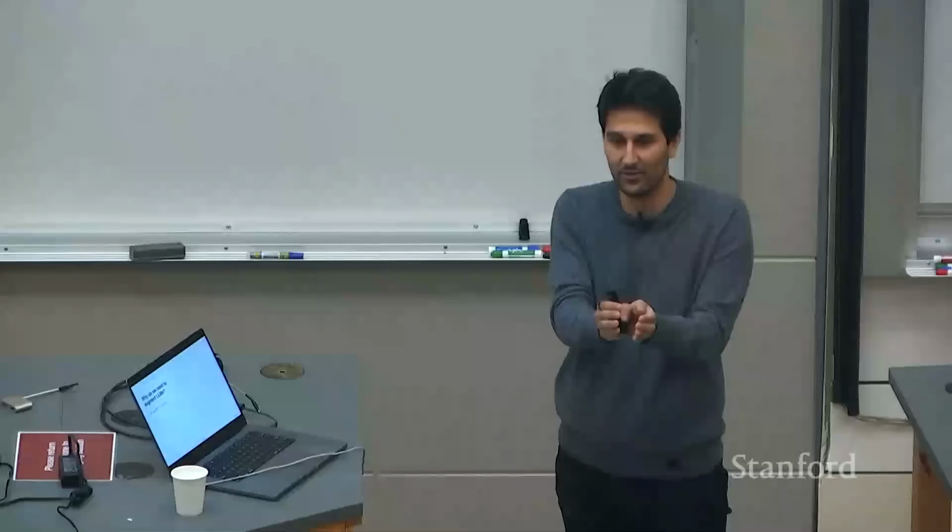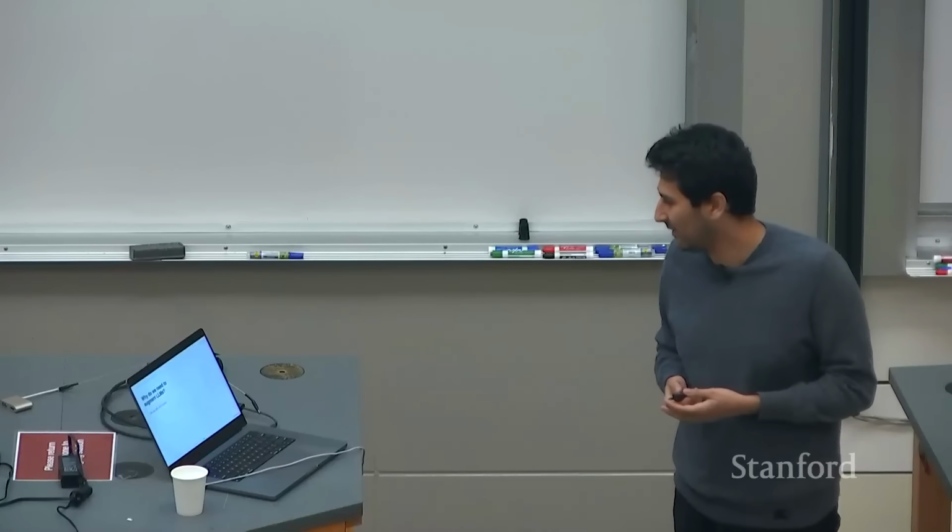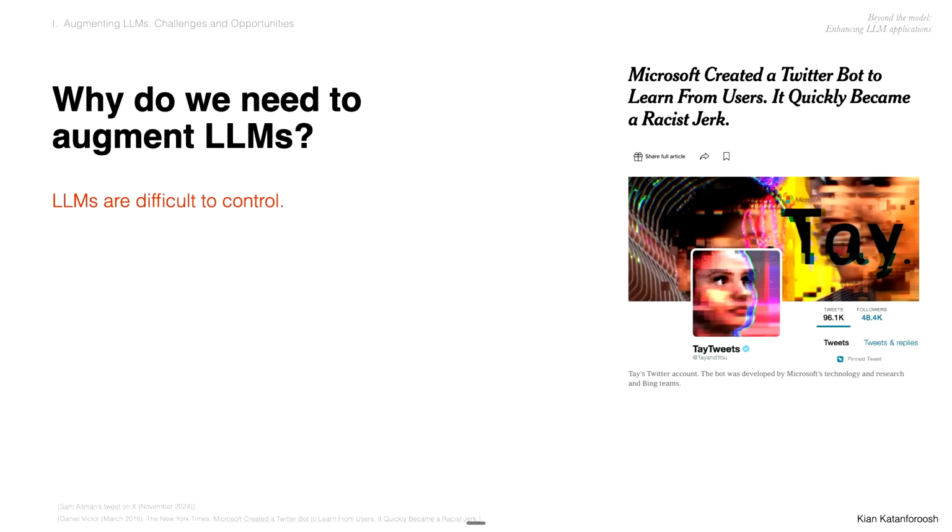I'm going to add a few more as well. LLMs are very difficult to control. Your last point is actually an example of that. You want to control the LLM to use a part of its knowledge, but it's in fact getting confused. We've seen that in history. In 2016, Microsoft created a notorious Twitter bot that learned from users, and it quickly became a racist jerk.